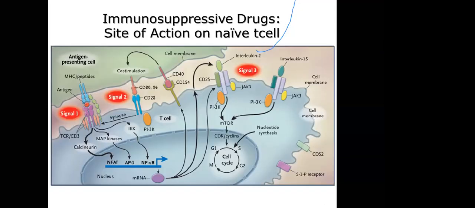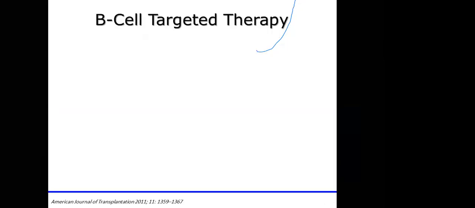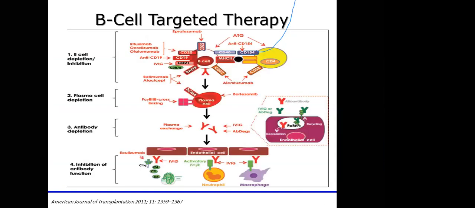So all of these drugs act on the naive T cell. None of them act on the B cell. So if we decide to give medication against the B cell, these are not our options. Target cell therapy against the B cell is shown by this diagram. We have here the T cell. The T cell presents the information to the B cell.